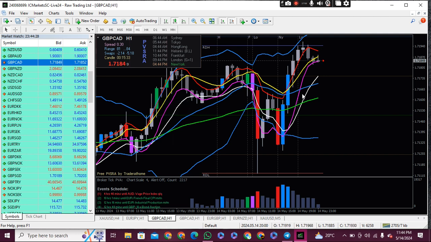We had a breakout here, touched the low of the day. If you got into that trade, you'd be at negative 35 pips or thereabouts. That's why it's important to do the analysis.